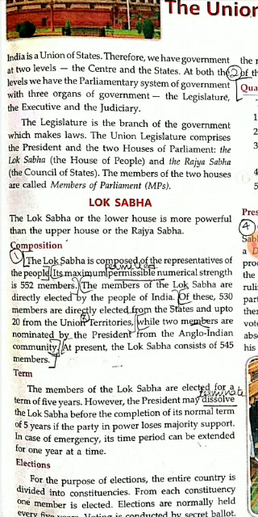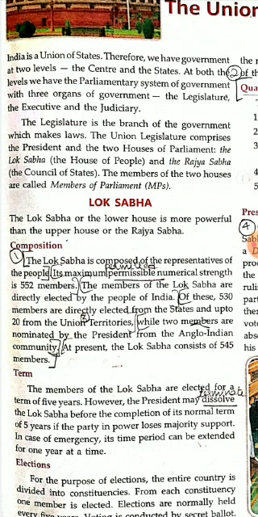At both the levels, we have the parliamentary system of government with three organs of government: the legislature, the executive, and the judiciary. So we have two levels, the central level and the state level, and at both these levels we have the parliamentary system of government.